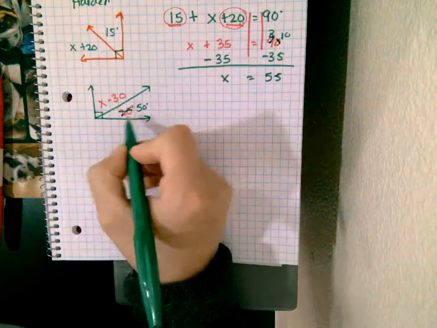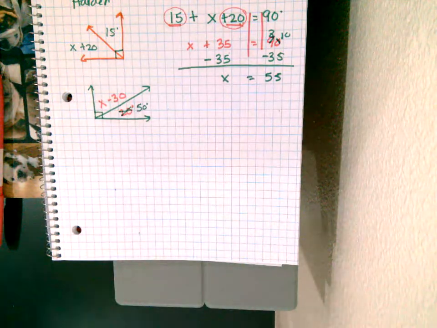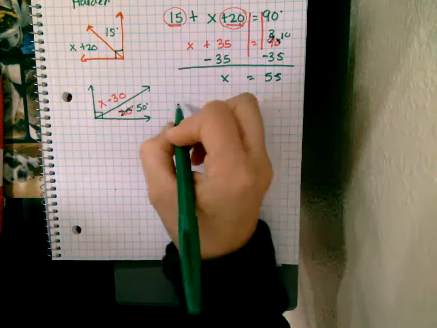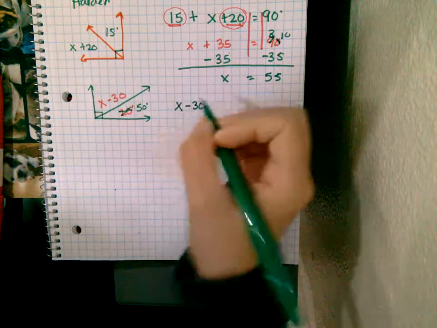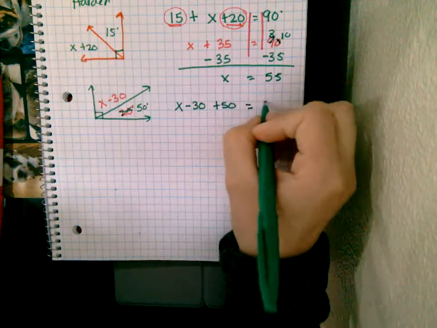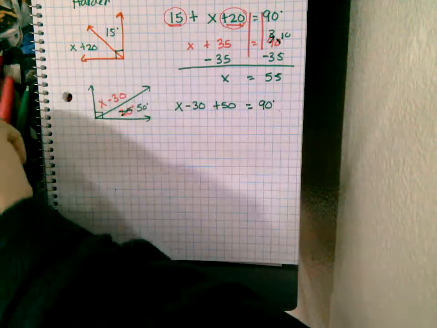Can I change that to 50 degrees? Trust me, you want to change it to 50 degrees. All right, so we just set it up. X minus 30, we have a plus 50 equals 90, right?